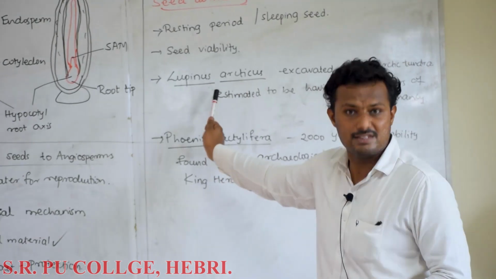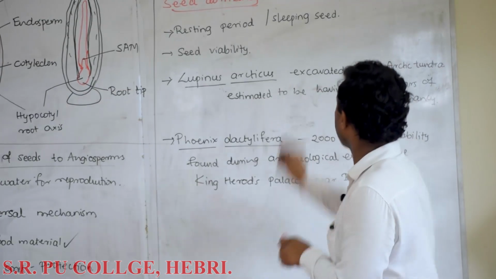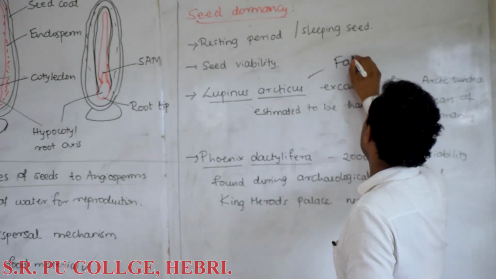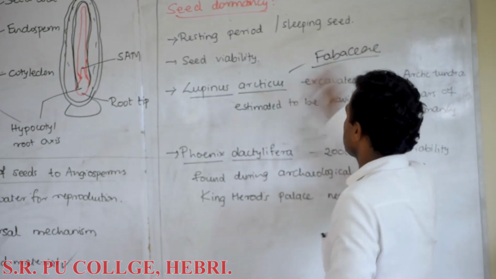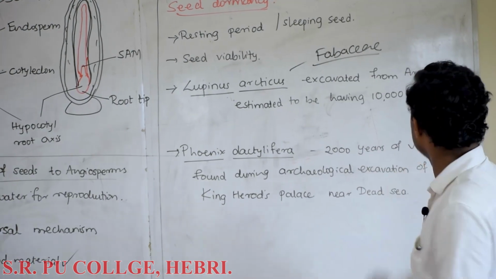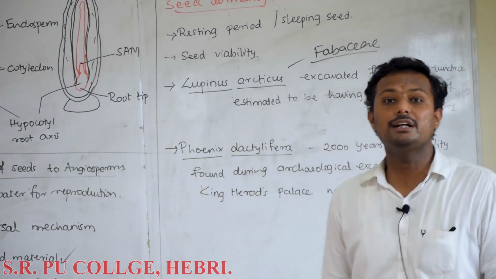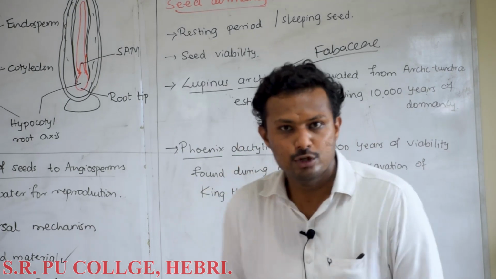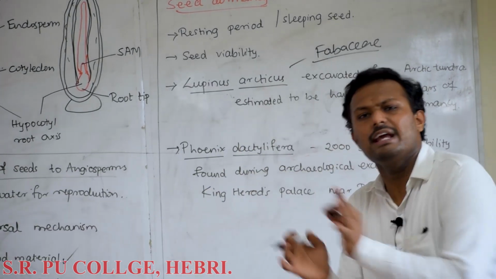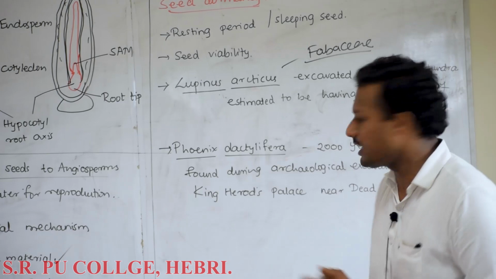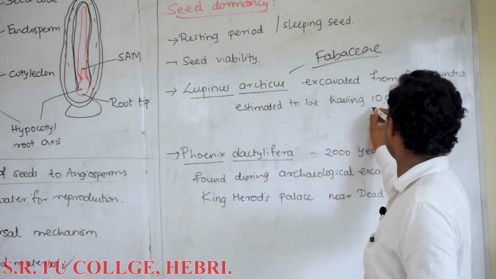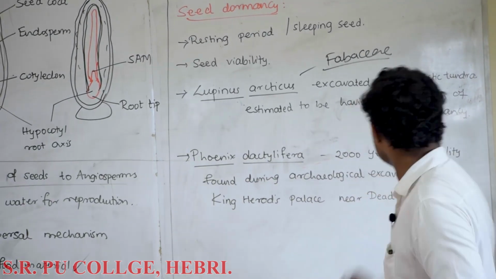Lupinus arcticus, a plant belonging to the family Fabaceae. It was discovered during an excavation in the Arctic region, the Arctic tundra. So, it was found in a very extreme cold condition. It was estimated to have 10,000 years of dormancy.